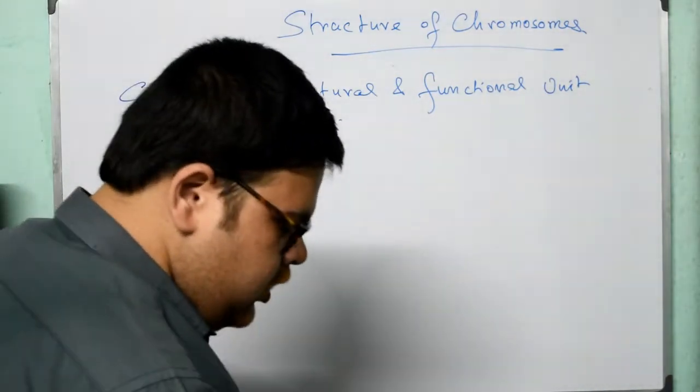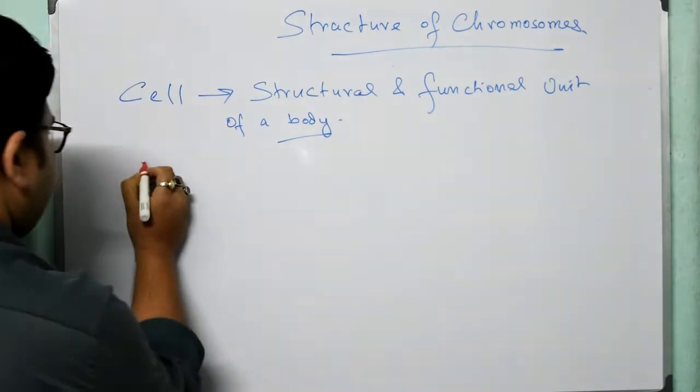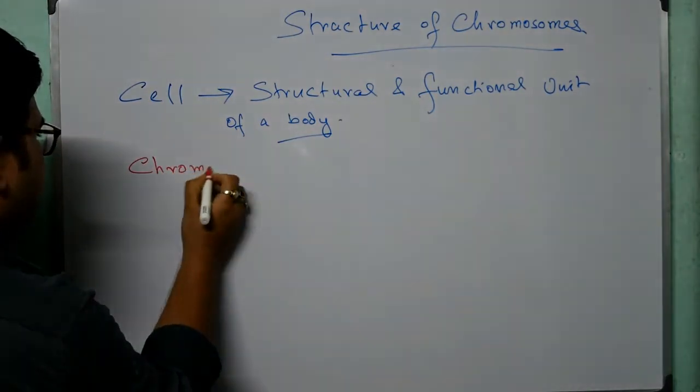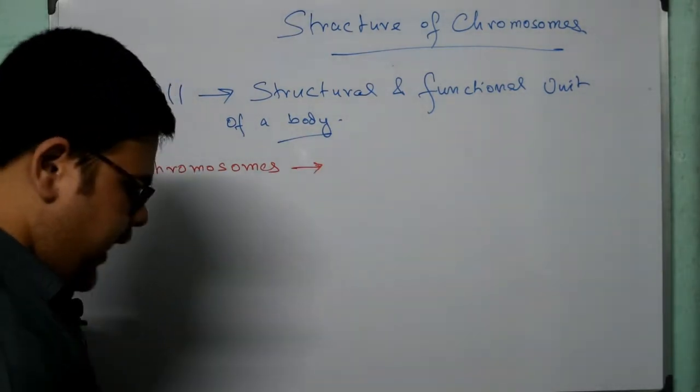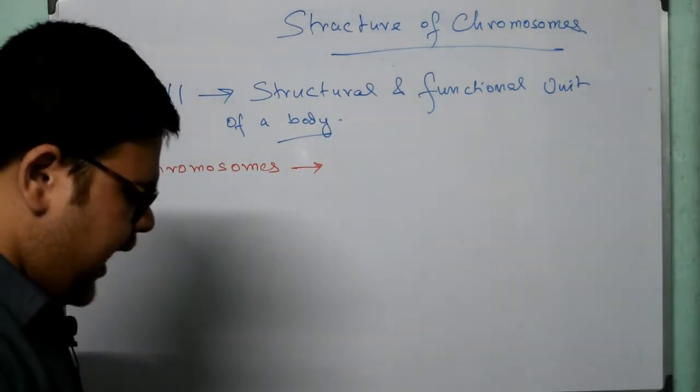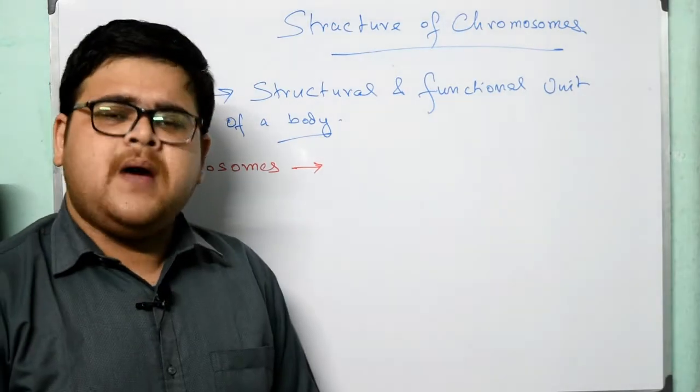Now we will go for chromosomes. What are they? Students, chromosomes are highly coiled and condensed chromatin fibers.